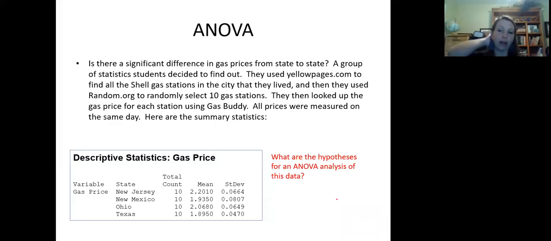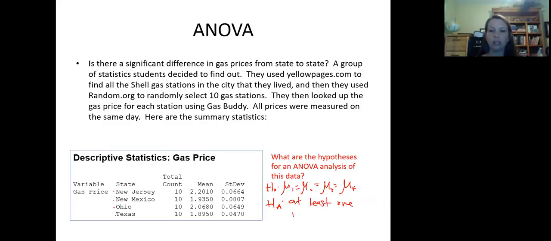When we're talking about writing the hypotheses for ANOVA, the null hypothesis is going to be that all the means are equal. In this case, we have 4 groups we're comparing, so we have 4 means. So the null hypothesis is mu1 equals mu2 equals mu3 equals mu4. And the alternative hypothesis is that at least one mean is different.